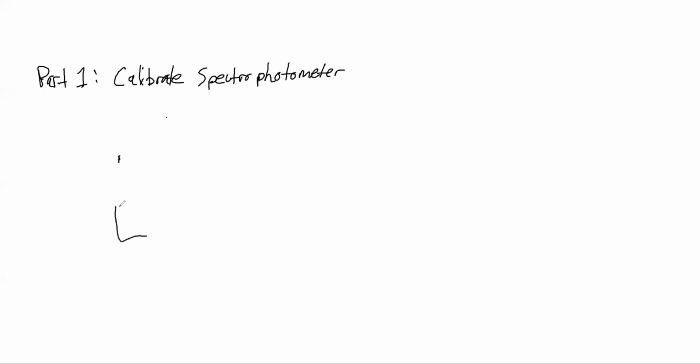Now, for part 1, we're going to calibrate our spectral photometer. Now, what that means is that we're going to have a light of mercury, and it's going to be releasing this light out.